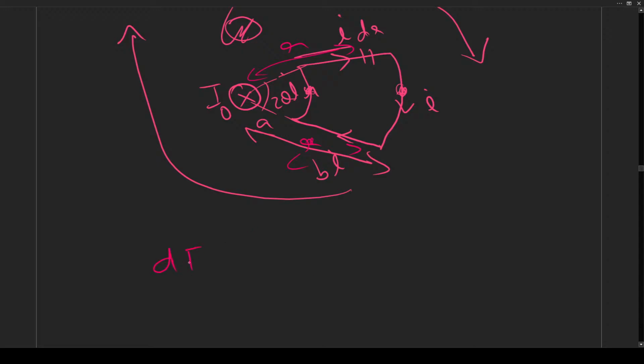Now dF is equal to B I dr, which is the BIL formula, which will be equal to mu naught by 2 pi, the magnetic field due to this wire, mu naught I naught by 2 pi r, where r is the distance to that segment, times dr. Right, there is also an I here.